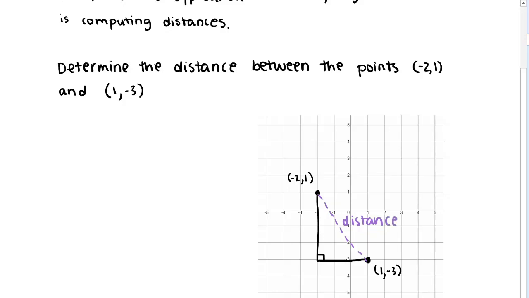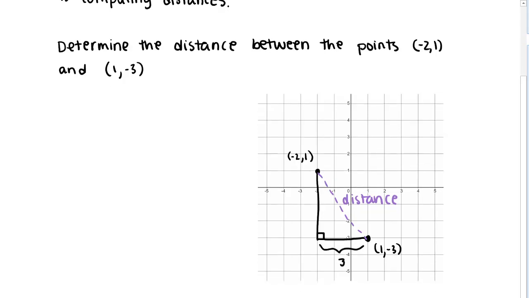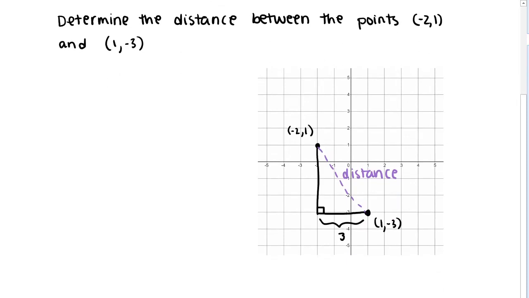The hypotenuse in this right triangle is the distance between these 2 points. Well, notice here that this side length, it's 3. And this side length on the left, it's 4.